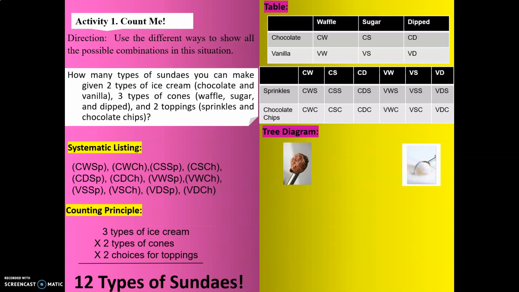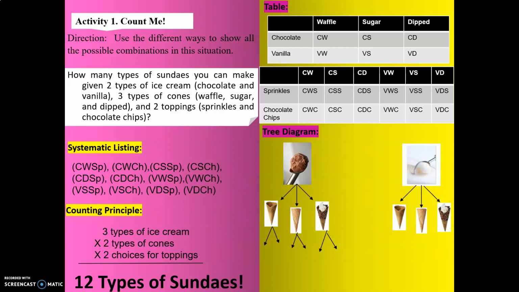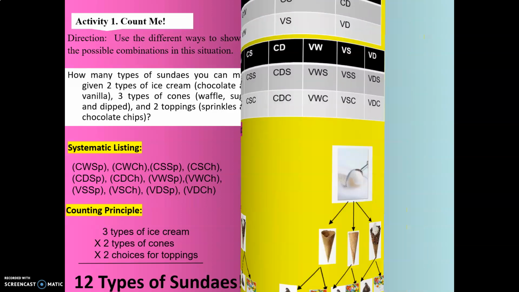So there are two types of ice cream, the chocolate and vanilla. And there are three types of cones, waffle, sugar, and dipped. And there are two types of toppings, the sprinkles and chocolate chips. Together, we have 12 possible combinations.